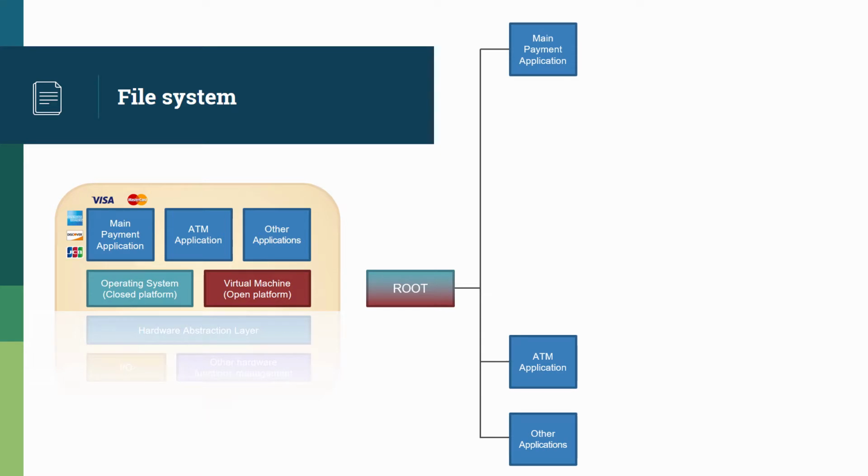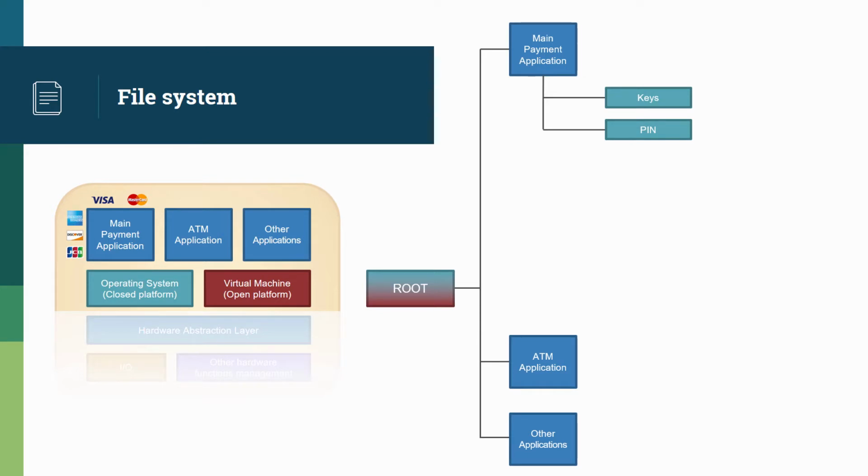Now, let's focus only on the main payment application. When an application is running on a chip card, it also contains files and folders. Some of them are visible from the outside, and some are kept hidden, only used for internal processing. In general, payment applications will contain keys, which obviously have to stay hidden.